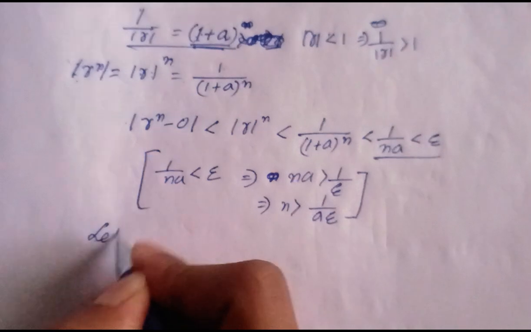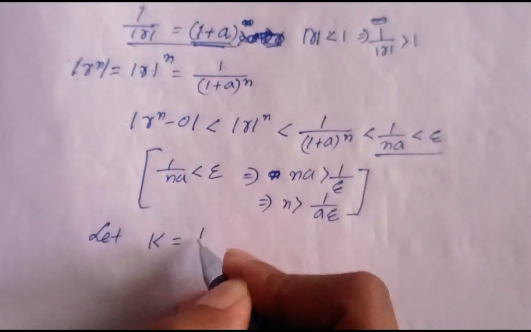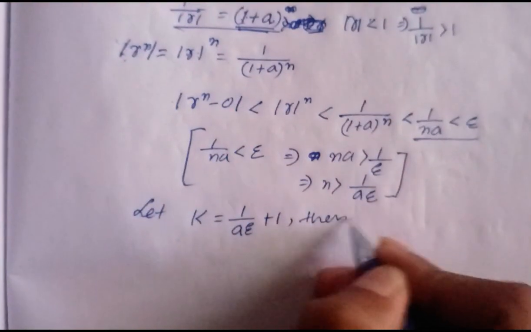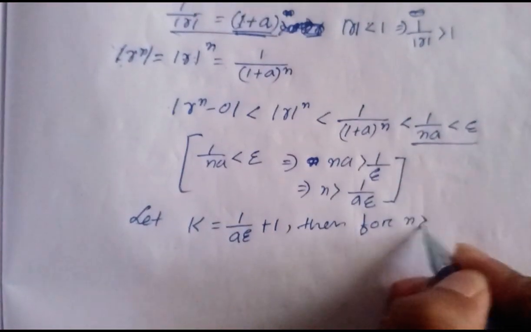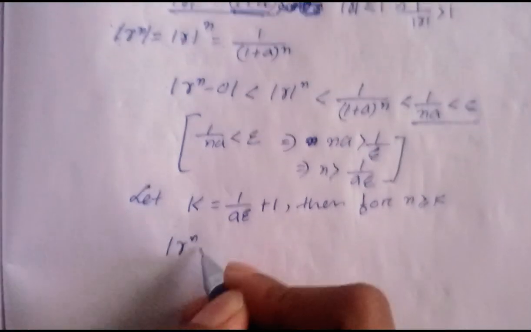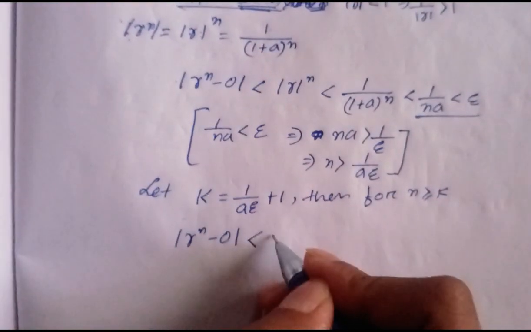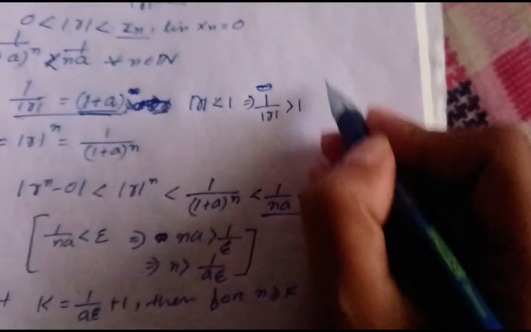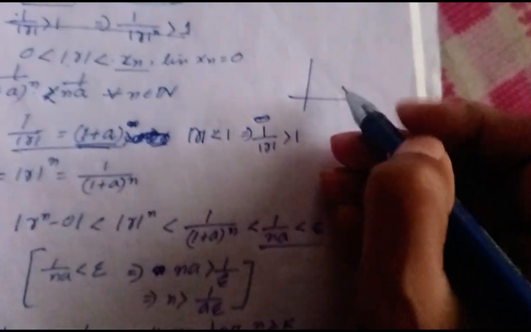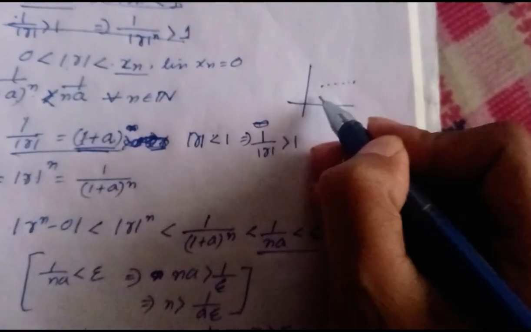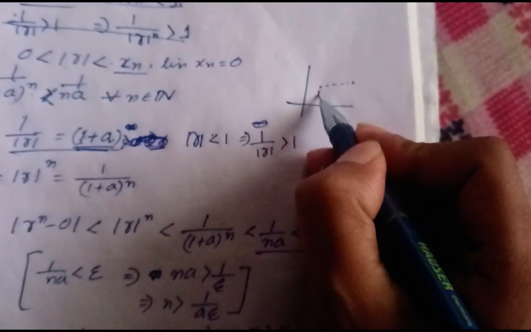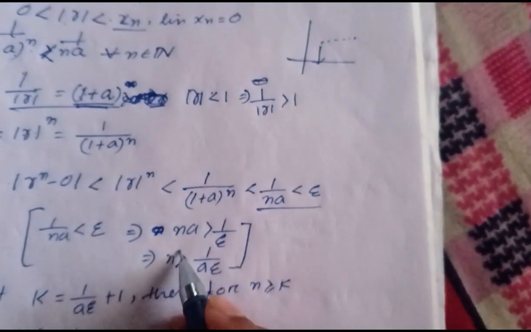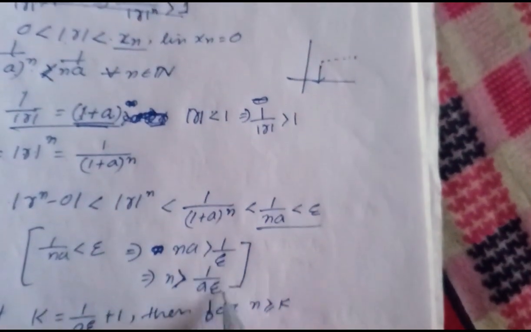So let k be 1 by a epsilon plus 1. Then for n greater than or equal to k, mod of r to the power n minus 0 is less than epsilon.